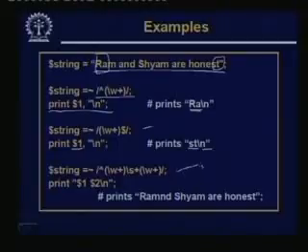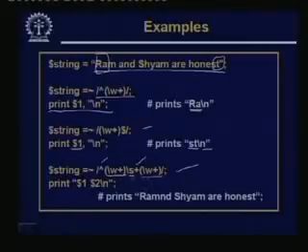Now, the third example is a case where we are using multiple parentheses. You see, from the beginning of the string, this caret, a word character followed by one or more characters, followed by a space, followed by one or more characters, this plus, again a word character followed by one or more characters.